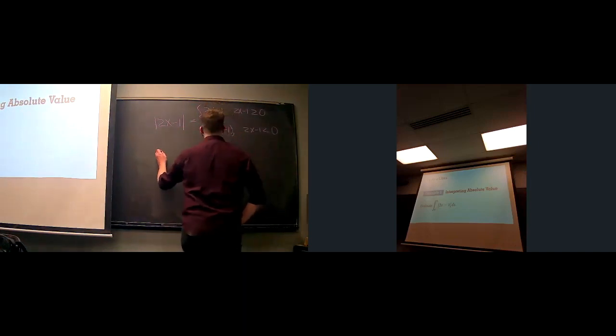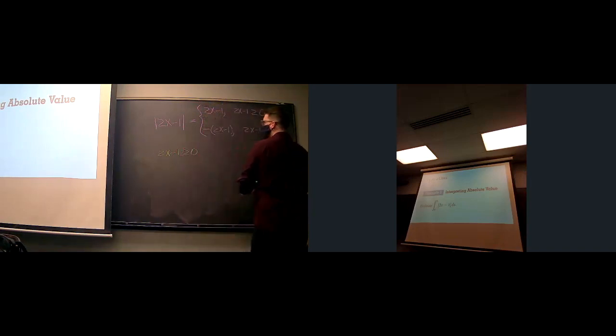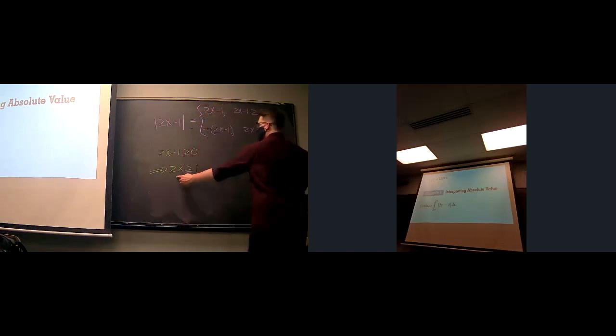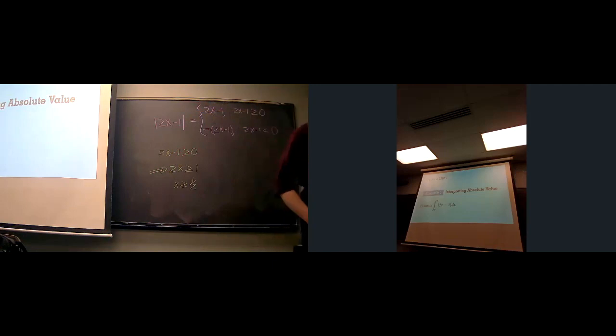Great, that means we need to solve some inequalities now. That sucks. But we can do it. It's not going to take long. First inequality we need to figure out is when is 2x minus 1 greater than or equal to 0? Adding 1 to both sides, 2x greater than or equal to 1, dividing 2 from both sides, x is greater than or equal to 1/2.